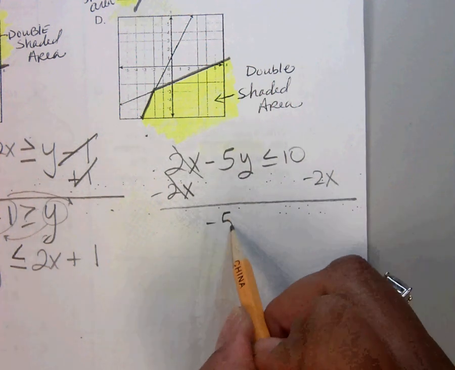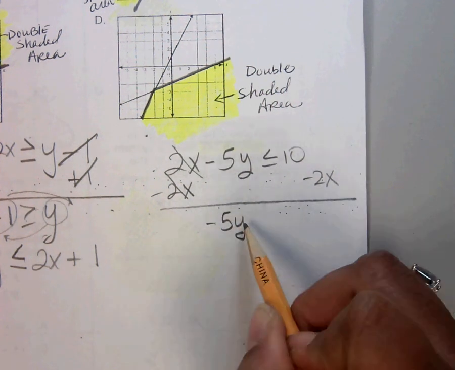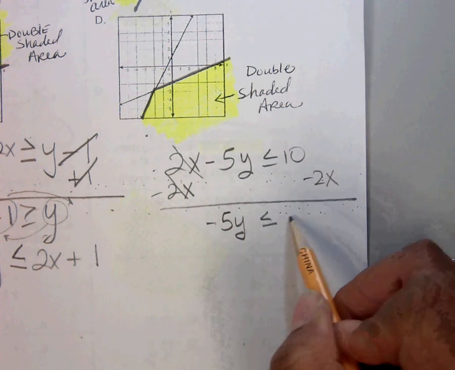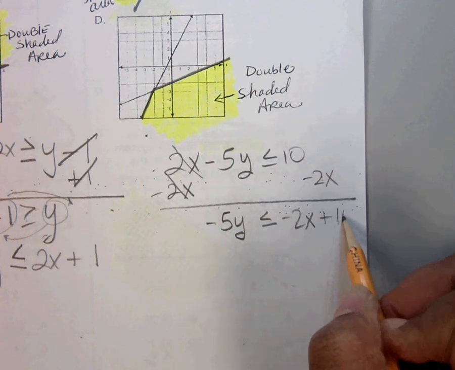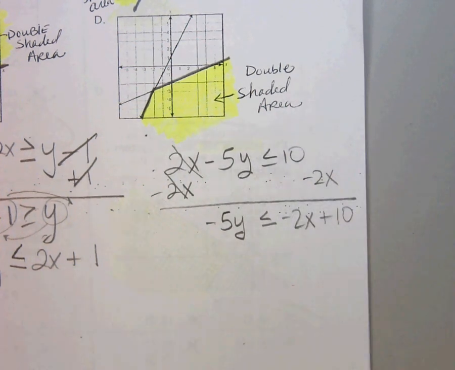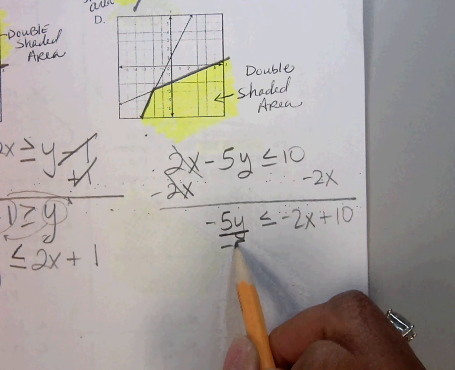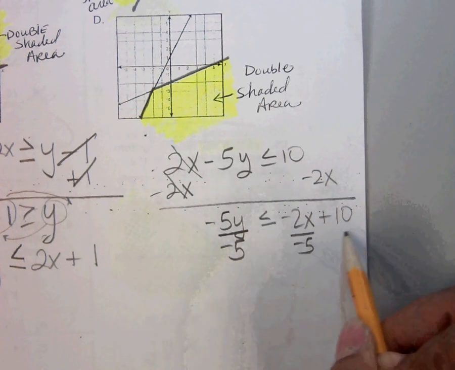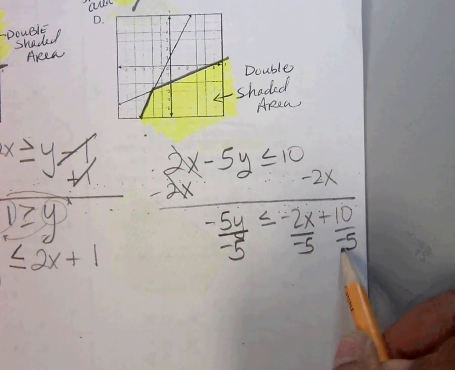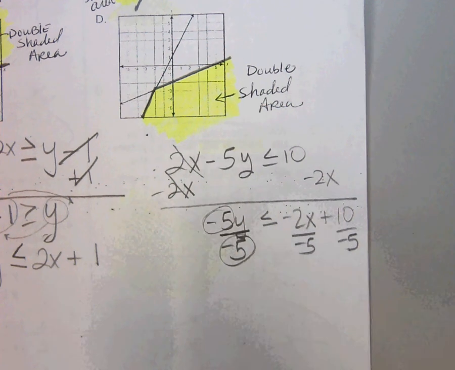Bring down negative 5y equals negative 2x plus 10. By now you should be good at this, because all last class and at home, this is what you did. So now let's divide by what? Negative 5. What happens when you divide by a negative?